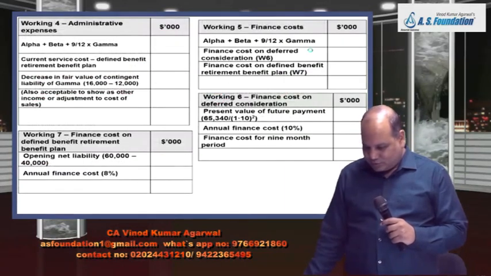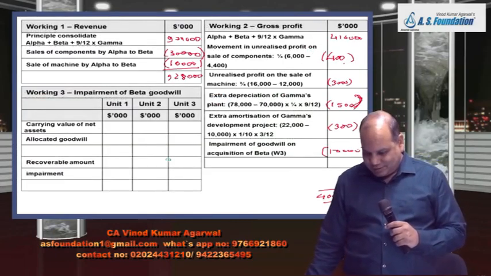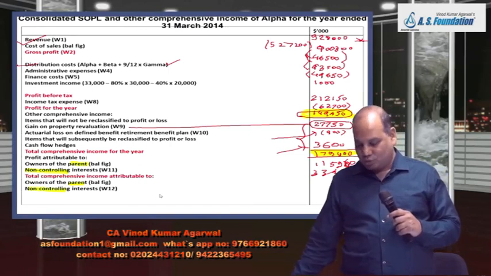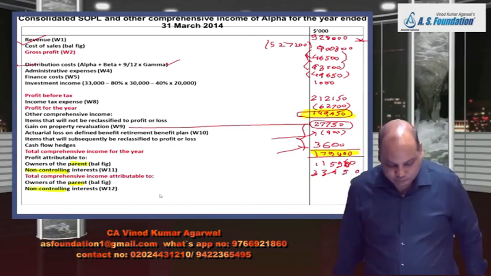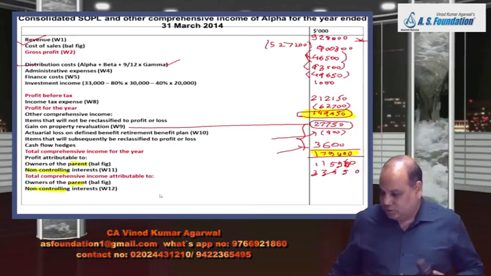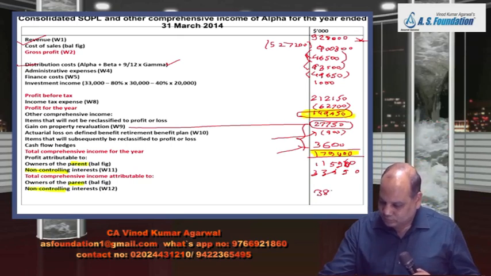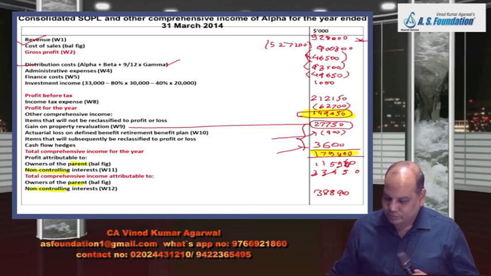Now come back to the main answer. So write here NCI share in total comprehensive income, 38,890. And balancing figure here, owner of the parent.